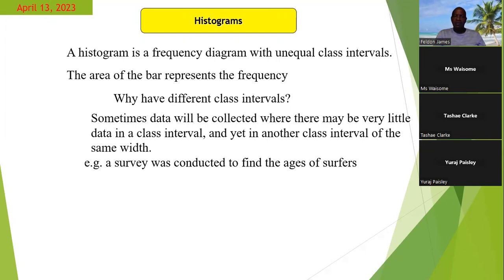Let's say you create a group distribution table, and you would expect that one group would have a lot of data in it, but you realize that there is not enough data within that class, then sometimes it might be better to have the classes more connected to give a bigger class. So instead of having a small class interval, you make a bigger class interval so that you can collect more data within that bigger class interval, all right? So that's all it is saying.